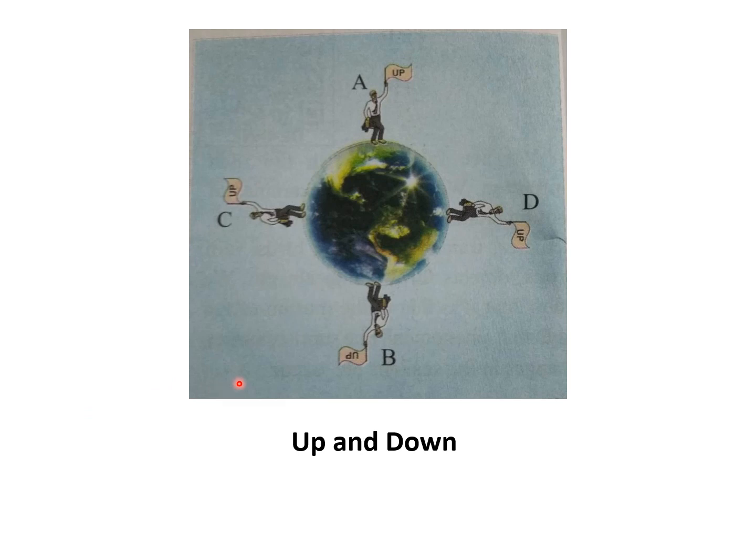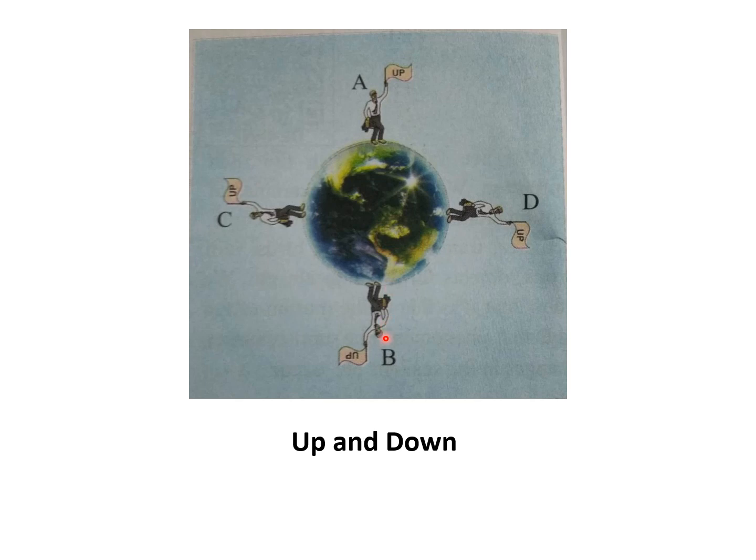Here you have to observe the picture. Imagine a globe of our earth. Here are the positions of different persons, namely A, B, C, and D. Now coming to A and B: for A, the person B will be down to him.